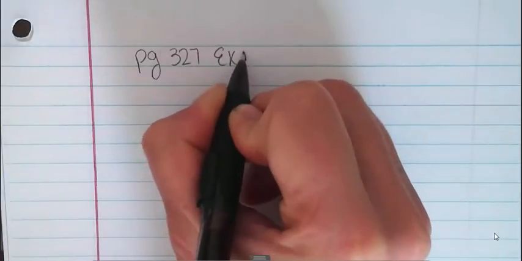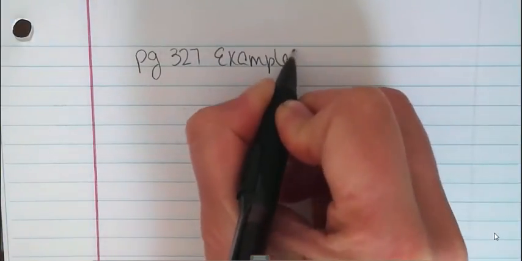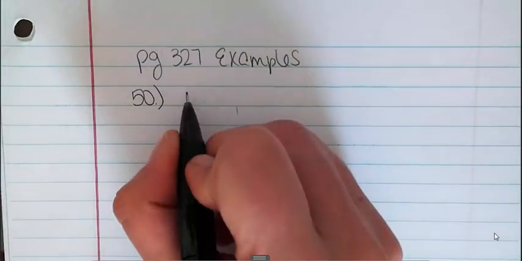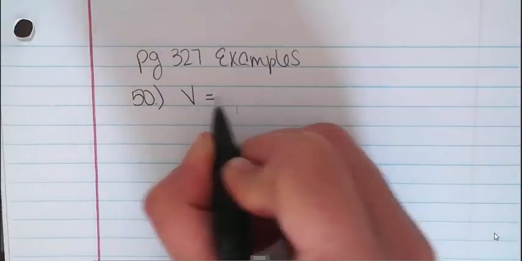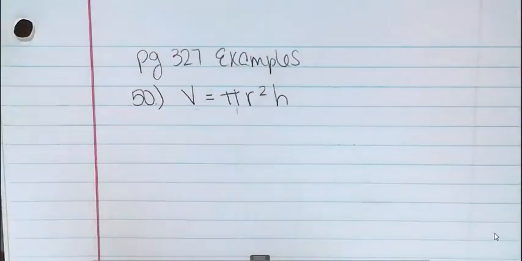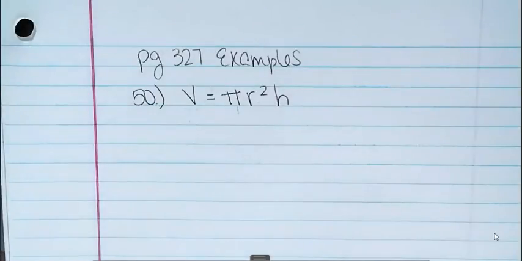Okay, now I'm going to do a couple of examples from page 327. So this is page 327, examples. I'm going to start with number 50. You are given the fact that the volume of this cylinder is pi r squared times height.